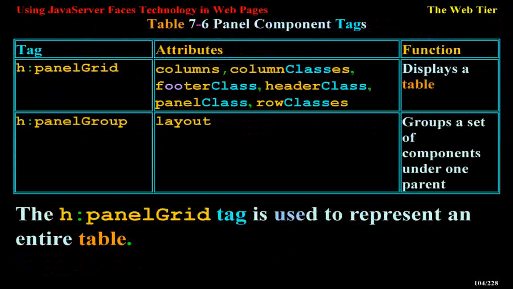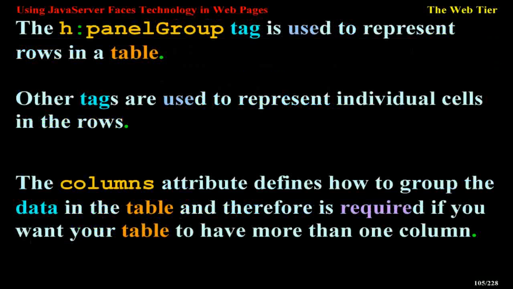Table 7-6, panel component tags. h:panelGrid has the attributes columns, columnClasses, footerClass, headerClass, panelClass, and rowClasses, and displays a table. h:panelGroup groups a set of components under one parent. The h:panelGrid tag is used to represent an entire table, the h:panelGroup tag is used to represent rows in a table. Other tags are used to represent individual cells in the rows.